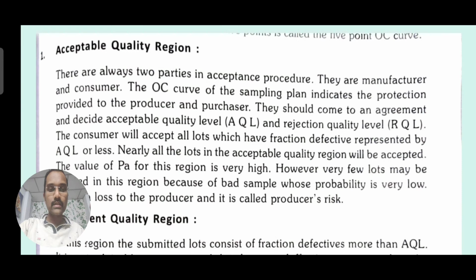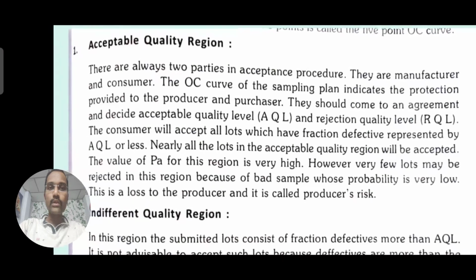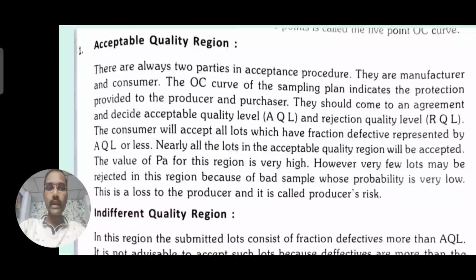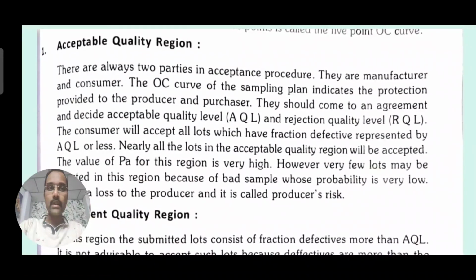If it is at that fraction defective or less, the consumer will automatically accept the lots. So nearly all the lots are accepted in this quality region, and the probability of acceptance is very high. Very few lots may be rejected in this region. It is a very rare case.